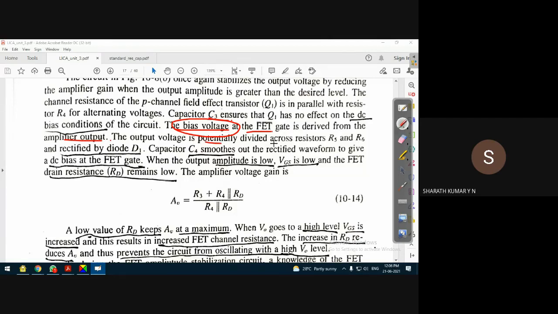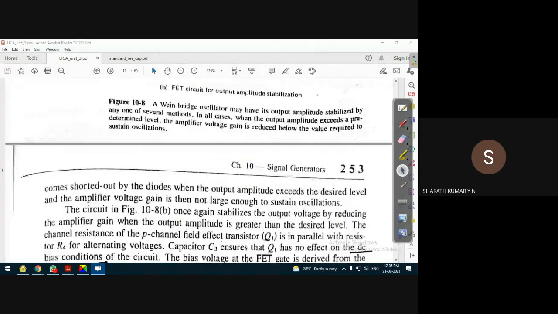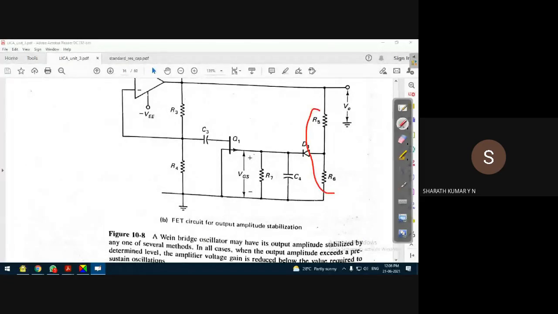So the output voltage is potentially divided across resistors R5 and R6, and it is rectified by D1. First the potential division is done using R5 and R6, which divides the output voltage, which in turn is rectified using the diode D1, which will turn on the FET transistor Q1.